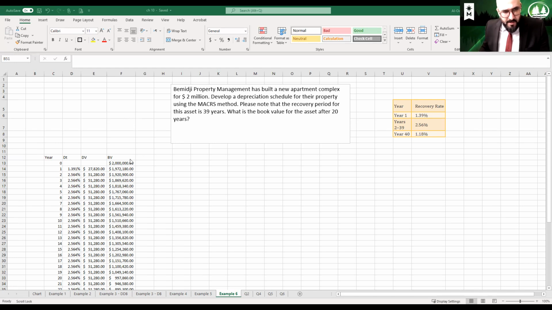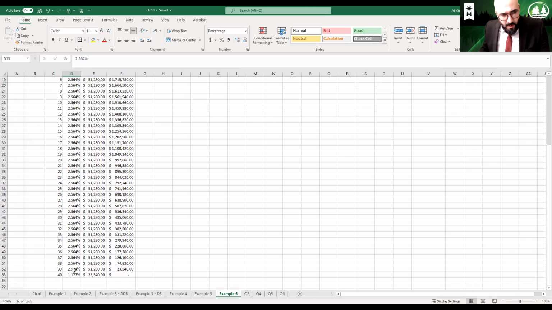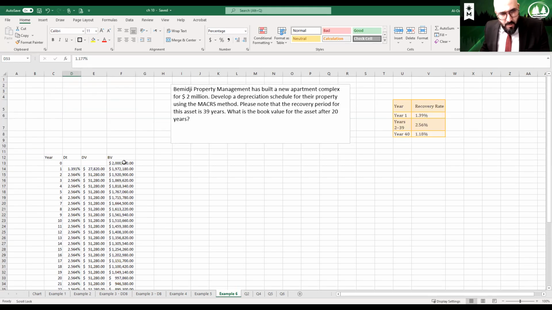So I have this 2 million as a starting book value for this complex, and then we reduce by the depreciation rate of 1.39 on the first year, and then from year 2 all the way to year 39, the asset will be reduced by 2.5%, and on the last year, year 40, it would be 1.17. So 2 million times the 1.39, we find the depreciation value for that year.